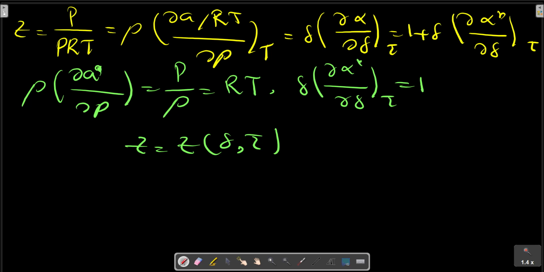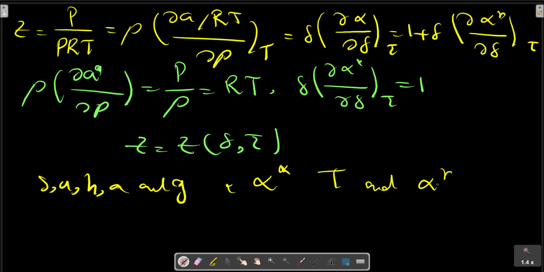Once this has been completed, the thermodynamic properties S, U, H, A, and G can be calculated directly using the calculated values of alpha star and alpha r at the given delta and tau.